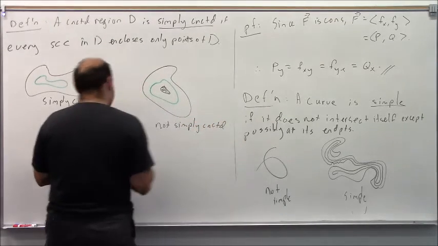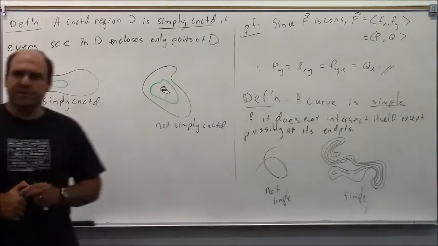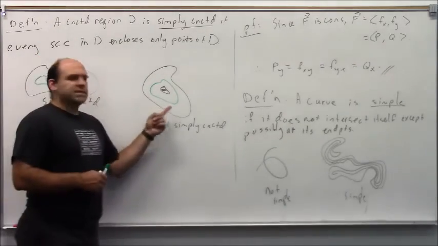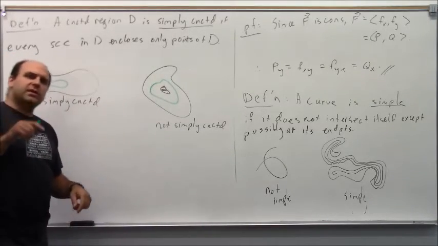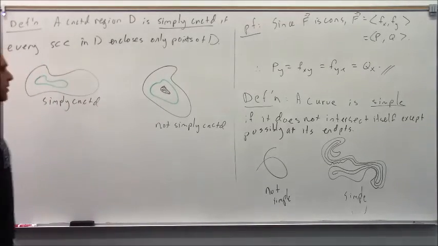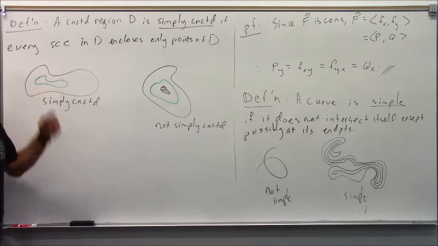So you can get an intuitive idea about what simply connected means by thinking about a region that doesn't have any holes. If there's a hole in the region, you draw a curve around it, and then you've enclosed something that's not part of the region. If there are no holes, then you can't do that.